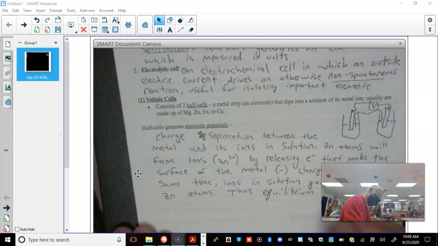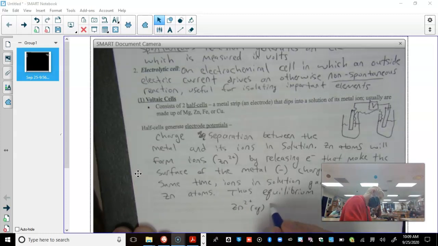Thus equilibrium exists as zinc 2 plus aqueous plus 2 electrons form zinc solid.